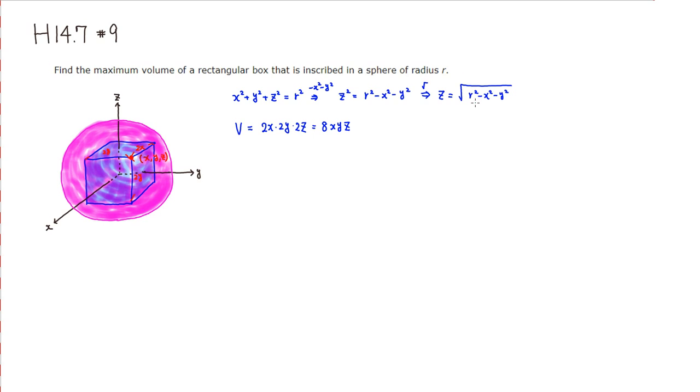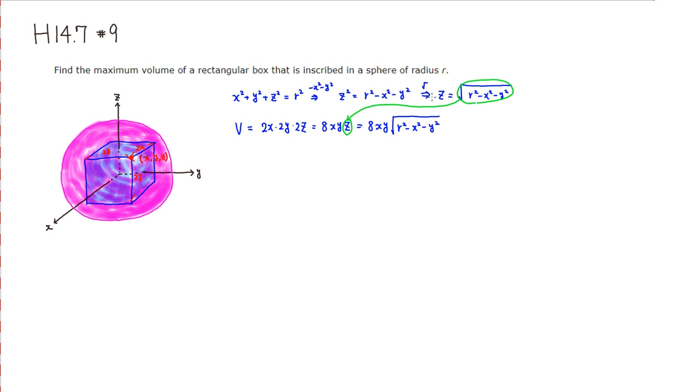We can take this expression and plug it in for z, so that V is in terms of only x and y. So you have 8 times x, y, times the square root of r squared minus x squared minus y squared.